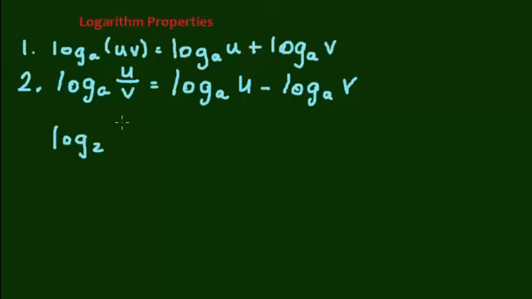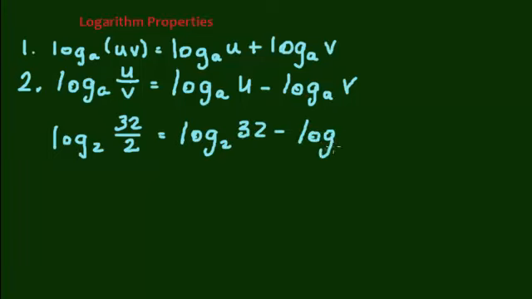So let's look at log base 2 of, let's say, 32 over 2. Now our log property says that this should equal log base 2 of 32 minus log base 2 of 2. And what is 32 divided by 2? That would be 16.